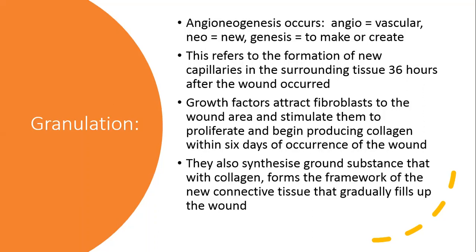So all our small capillaries or blood vessels that have been cut off during this injury need to be re-established because a wound needs the blood supply to heal. So this refers to the formation of new capillaries in the surrounding tissue 36 hours after the wound has occurred.